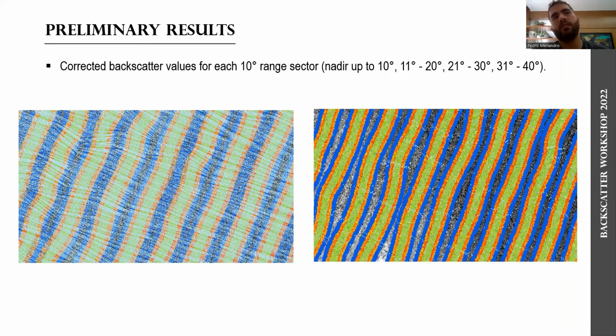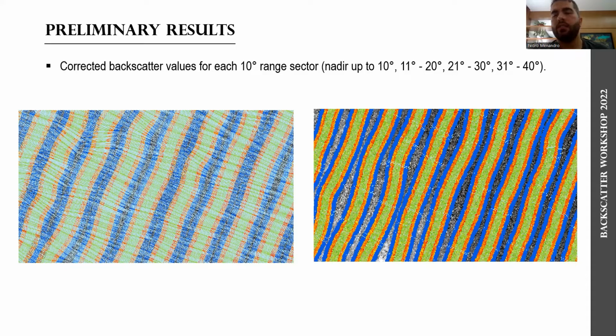And for the second objective, about the angular parameters, to investigate the importance of angular parameters, we have two types of data set results. So first, the corrected backscatter values for each 10-degree range sector. Here the colors indicate the nadir up to 10, 11 degrees up to 20, 21 up to 30, and 31 up to 40 degrees.